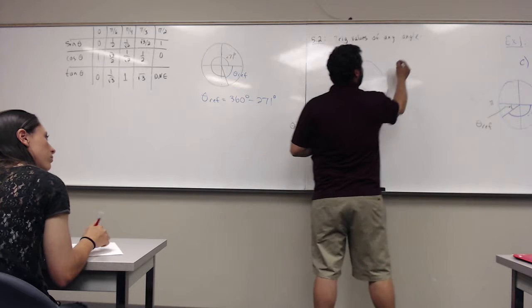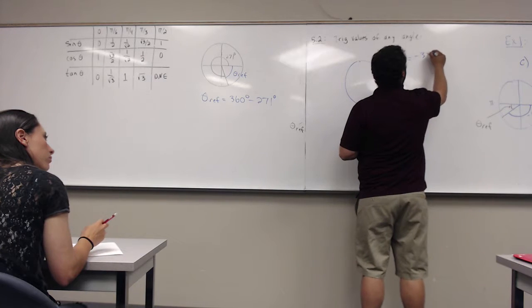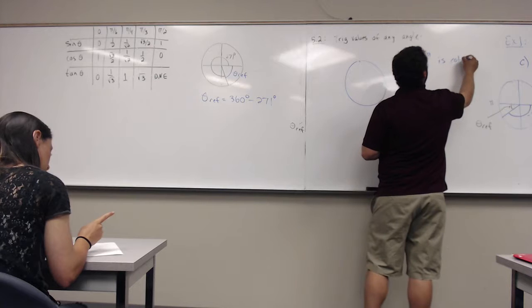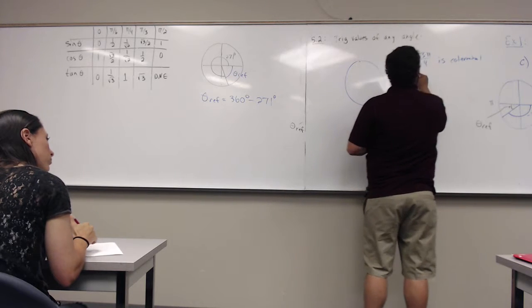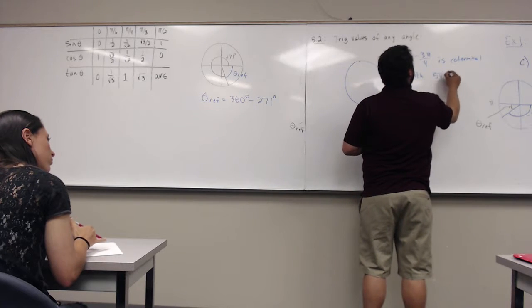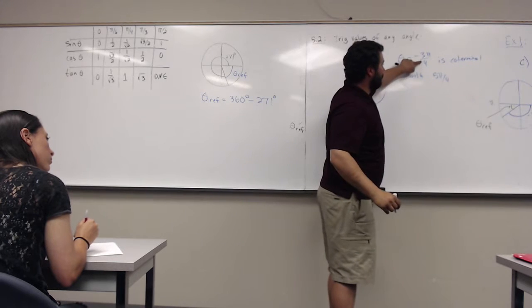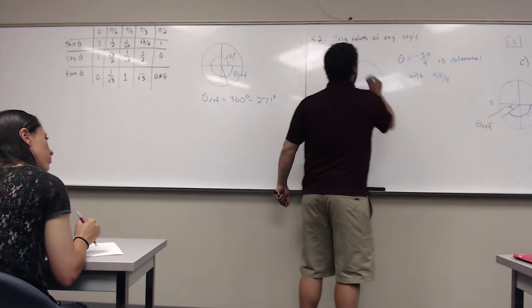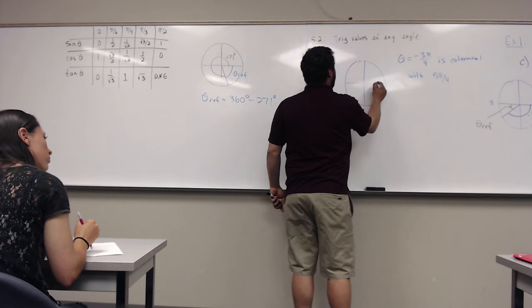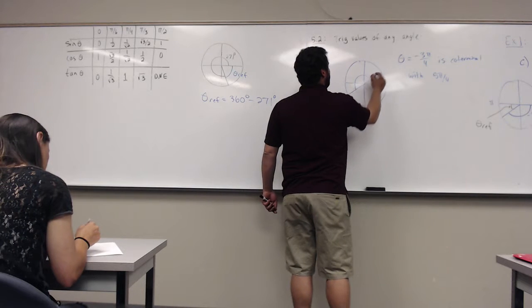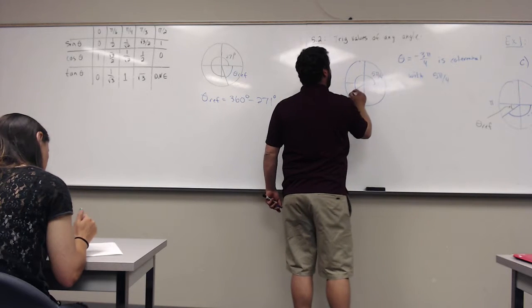So say I did that as well. Theta equals -3π/4 is coterminal with 5π/4. If you add 8π/4 to this, you get 5π/4. And then that angle would be displayed up here.